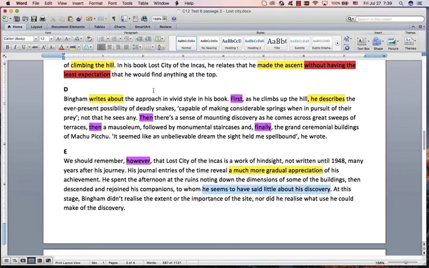He said little about his discovery, and he didn't realize the importance, or he didn't realize the use. So in fact, the topic of this paragraph is, at the time, he didn't realize how important it was. He appreciated it slowly. He said little about it. He didn't realize the importance. He didn't realize the use.